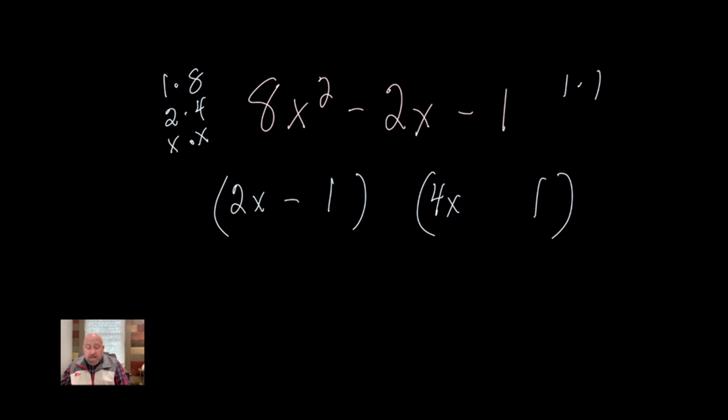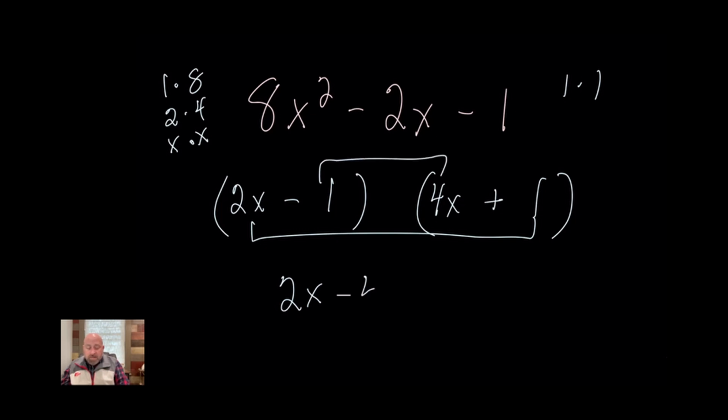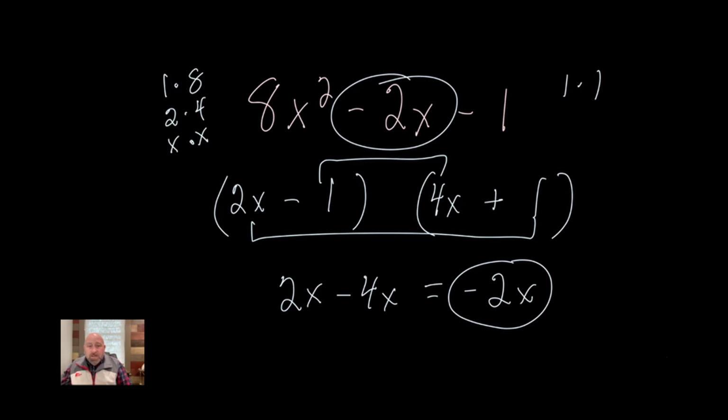Now let's make this the negative and this the positive and see what happens when we do this. So coming out here, we're going to get our 2x, and then here we're going to get our negative 4x. When we combine those, we end up with a negative 2x. Well, bingo, there we go. That negative 2x is what we're looking for.